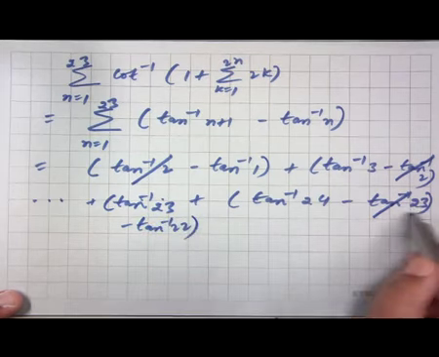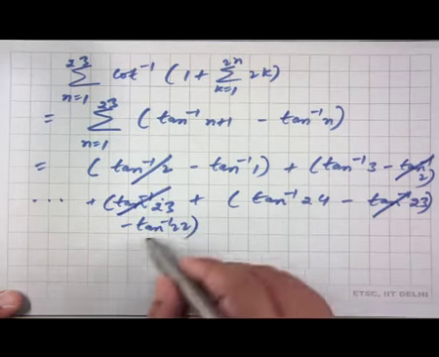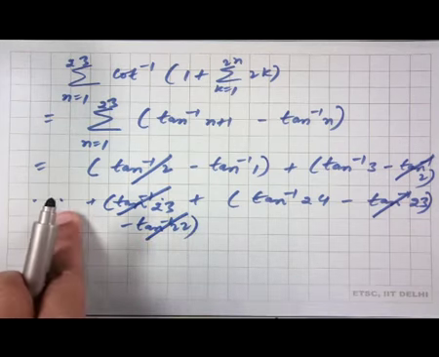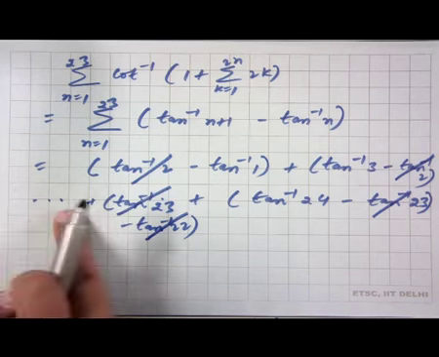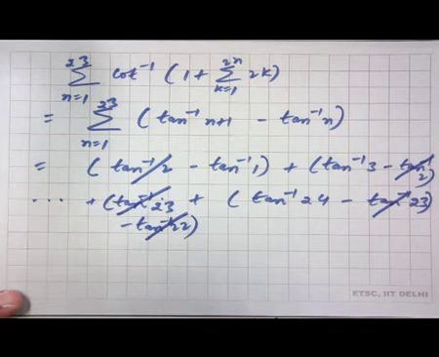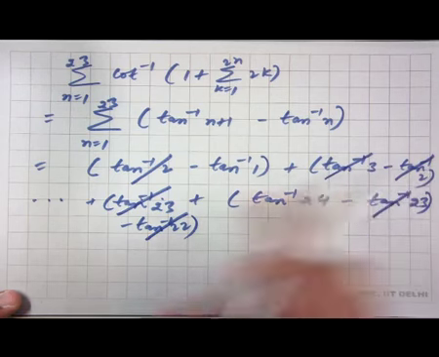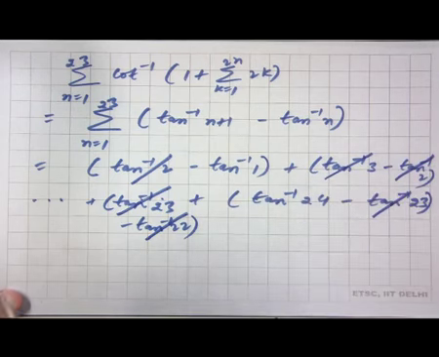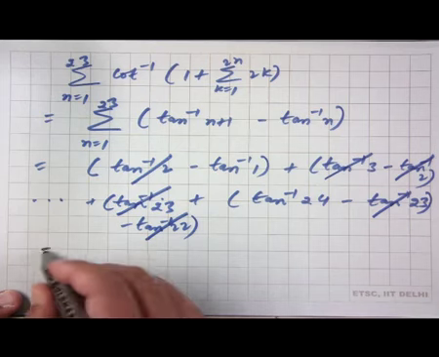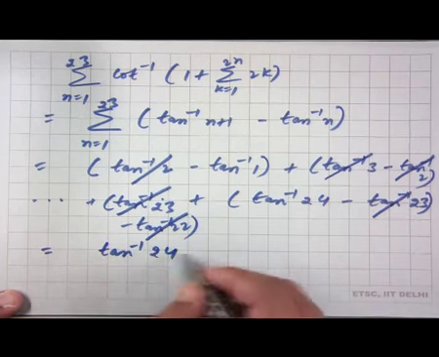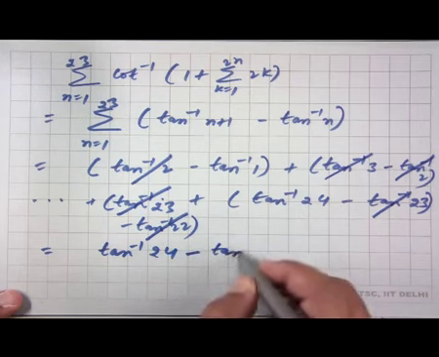So, this minus tan inverse 23 will get cancelled here, and then similarly minus tan inverse 22 will get cancelled with the tan inverse 22 in the 21st term. Similarly, this will also get cancelled with the tan inverse 3 in the third term. So, ultimately what is going to remain is tan inverse of 24 minus tan inverse of 1.